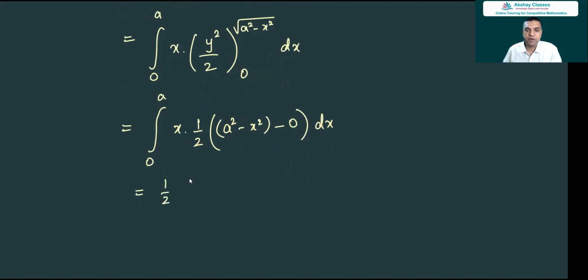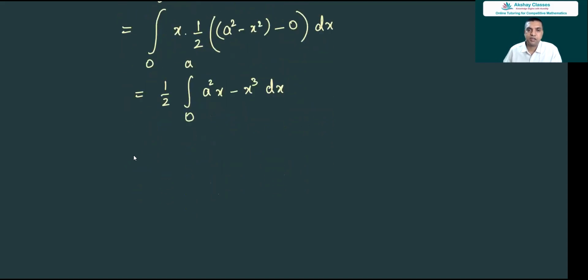So taking half out, we get integral 0 to a of a square x minus x cube dx. This is half of a square times x square by 2 minus x power 4 by 4, from 0 to a.